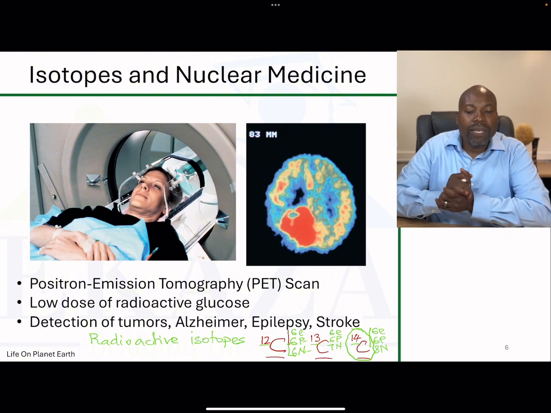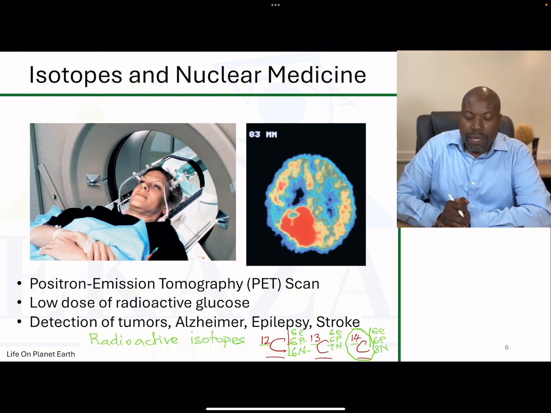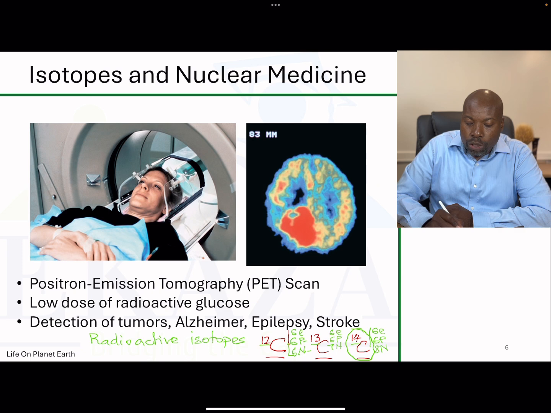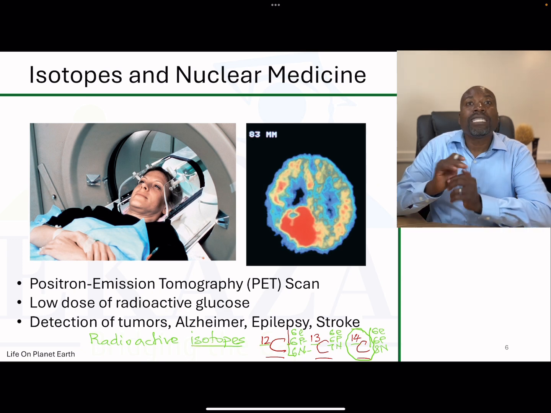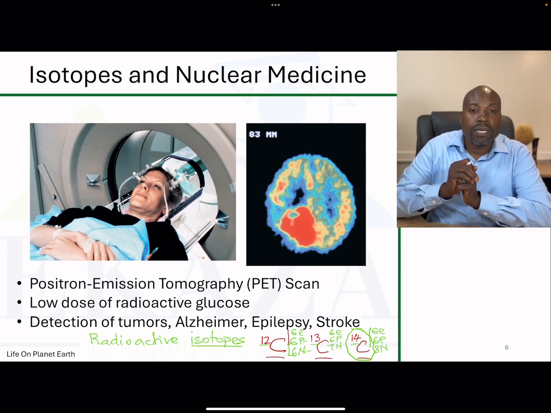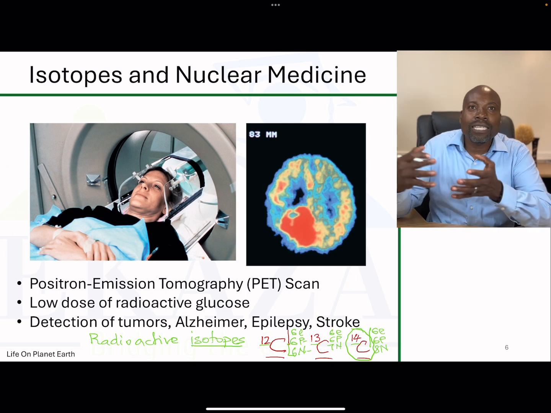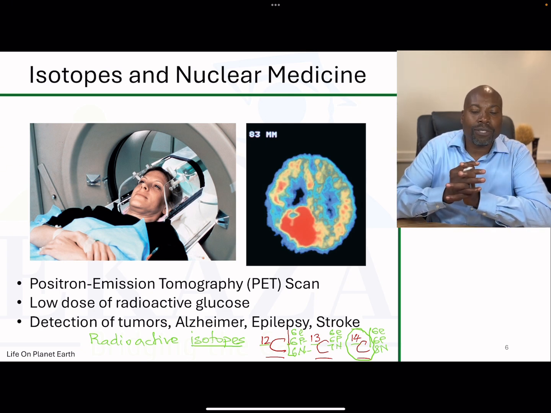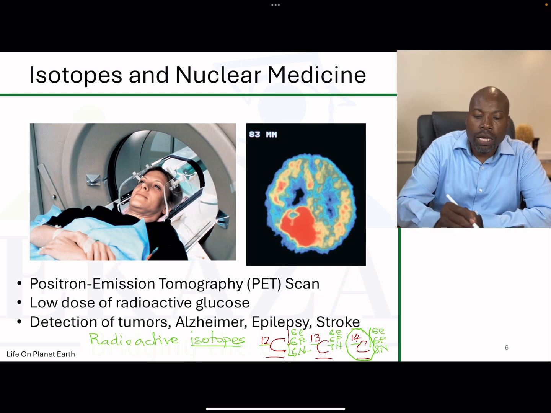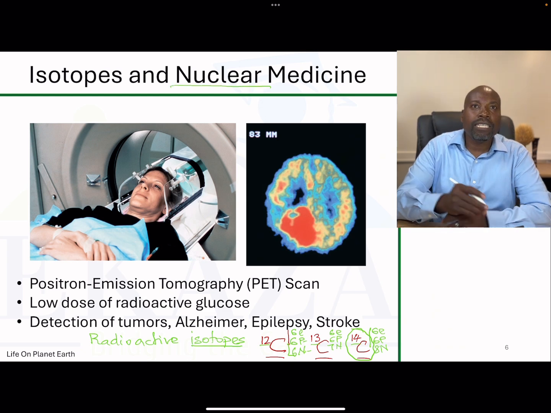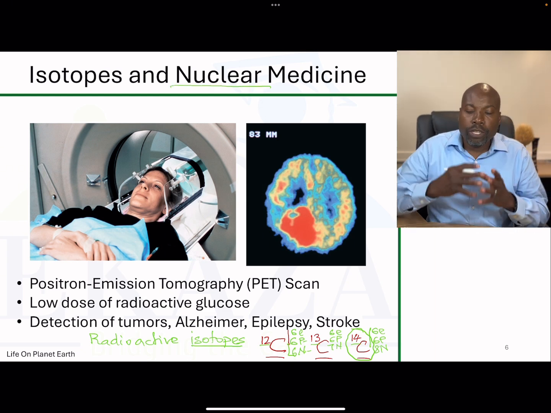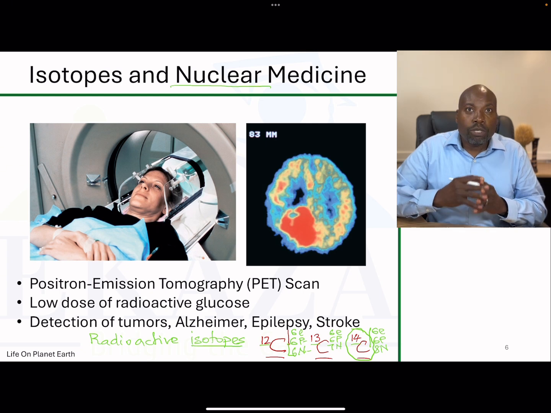Now, with that being said, these isotopes are sometimes used in many aspects when we study biological systems, including in medicine, right? So that today we have what we call nuclear medicine. In nuclear medicine, we can use isotopes for diagnosis.